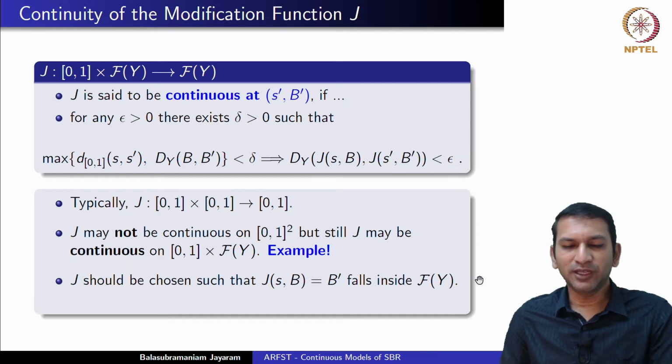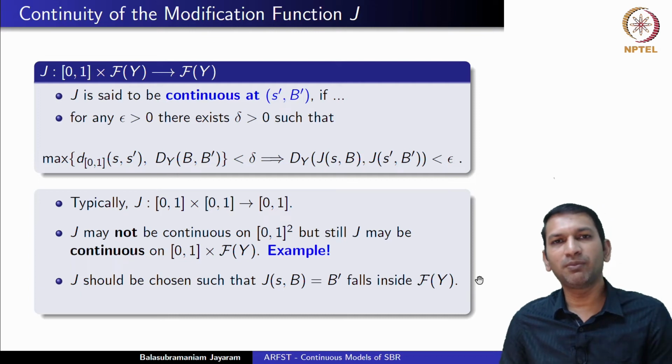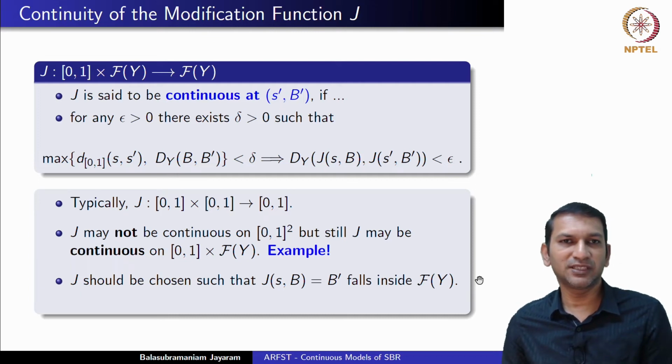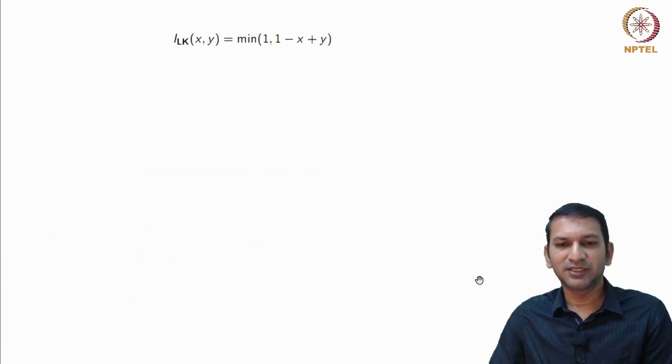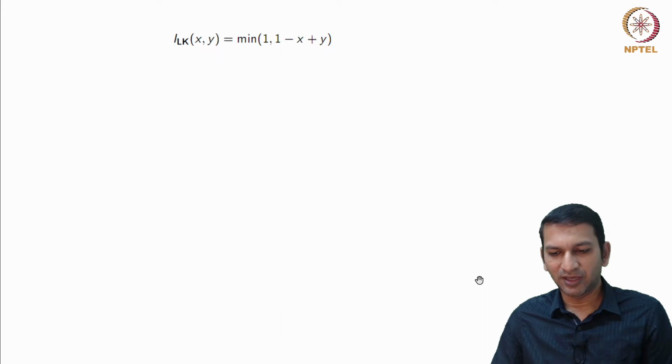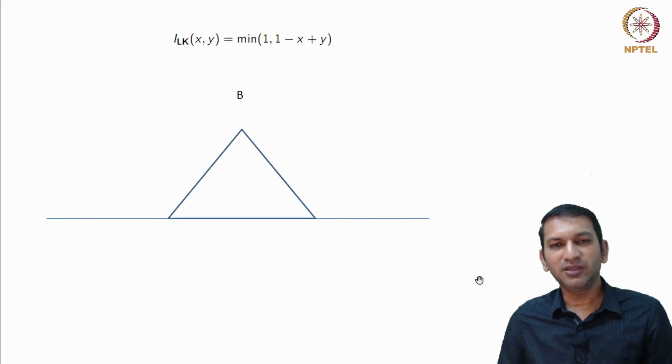However, we should be careful in choosing the J because the modified fuzzy set should again fall back within the space of fuzzy sets that we are considering for Y. Consider, for instance, the Lukasiewicz implication and this particular B. Clearly, this is a bounded, normal, symmetric fuzzy set.